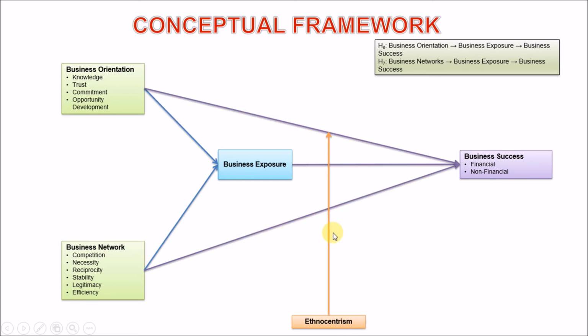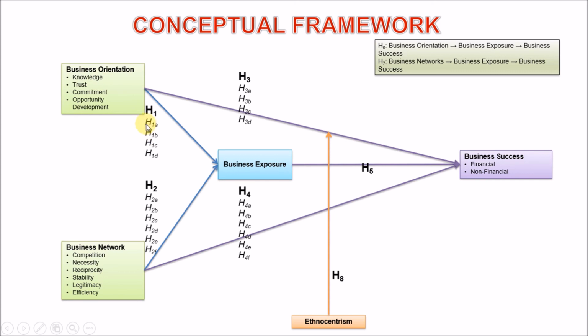Now, if we want to state the hypothesis, it should be like this. Okay, here one thing I should address. Okay, here H1 is relationship between business orientation and business exposure. But how about H1A, B, C, and D? Yes, these dimensions. Some researchers, they consider dimensions as well.